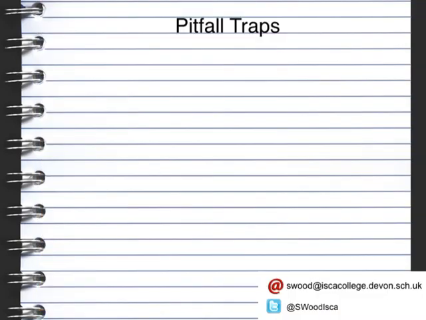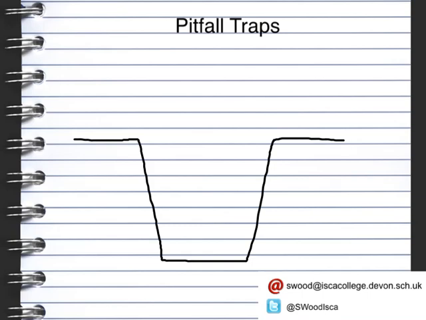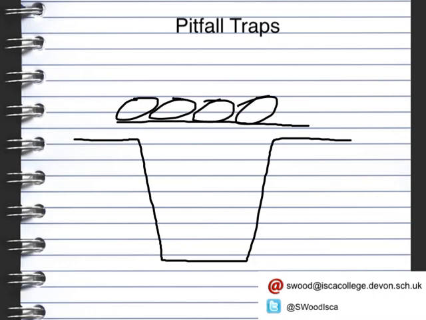Now, if we look at what the trap does, you need to have a cover over the top. These work really well on the floor of woodlands, because you can put dead leaves, leaf litter, over the top, so it hides the trap from predators as well.